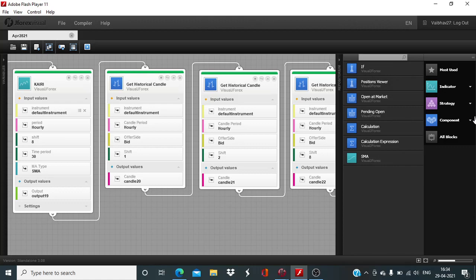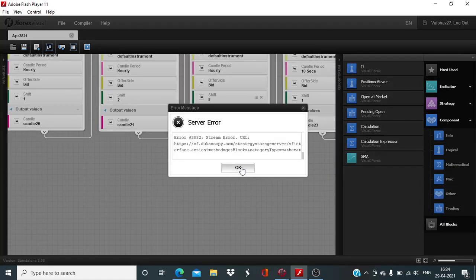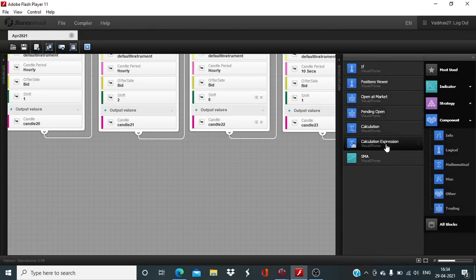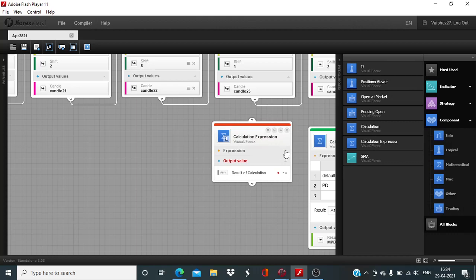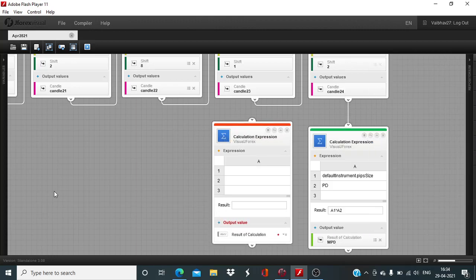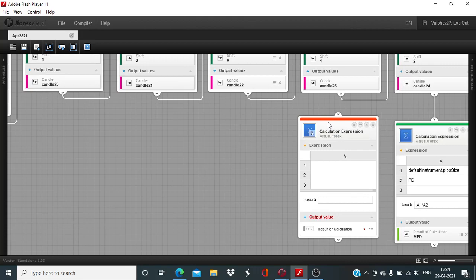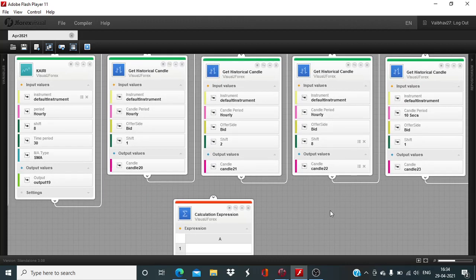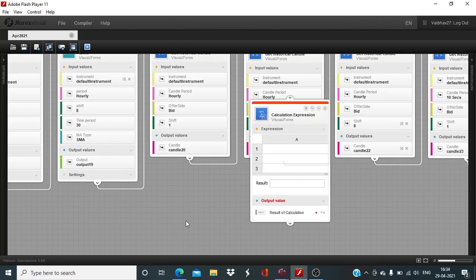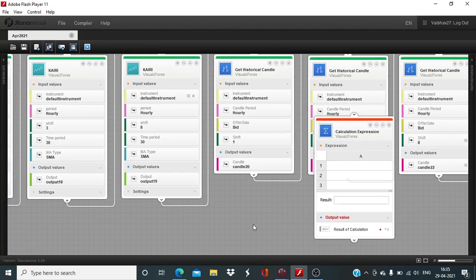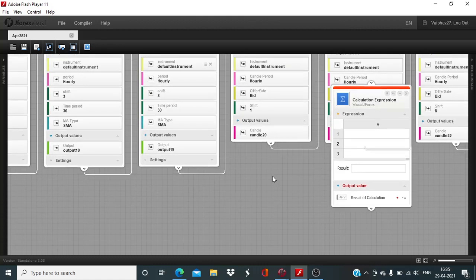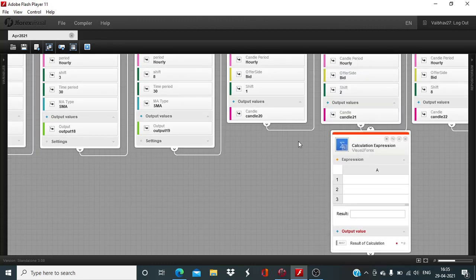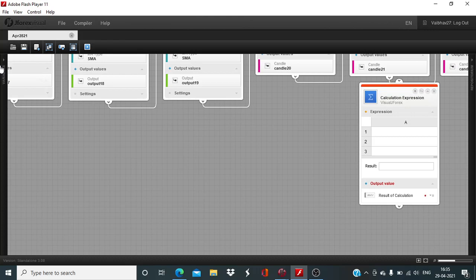And for that, I will have to take the mathematical component calculation expression, and we have to take candle 20's close and open value, and of course the closing value should be higher than the opening value.